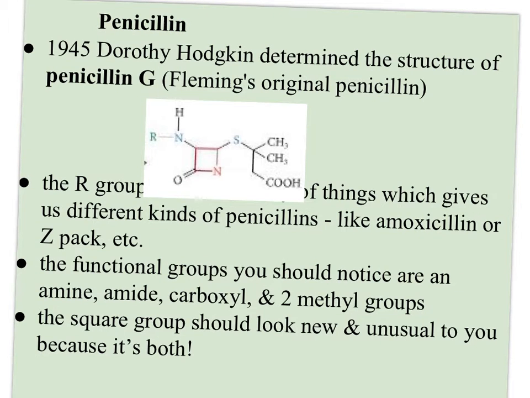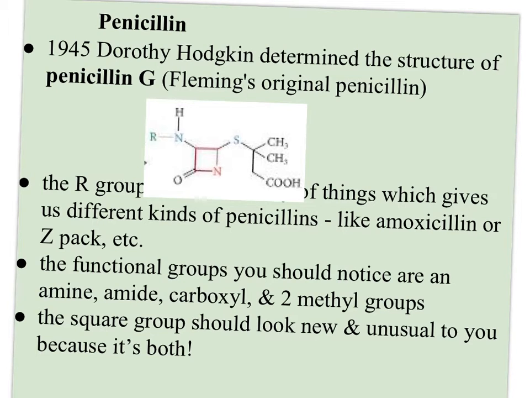So in 1945, Dorothy Hodgkin determined the structure of penicillin G, which was Fleming's original penicillin. The R group can be lots of different things. It's just like in organic chemistry, that can be anything. But the important thing is that the functional groups include an amine group here, an NH, a secondary amine attached to two different carbon groups.